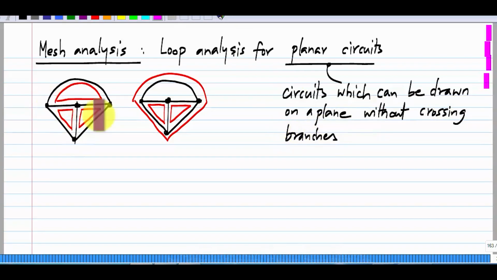For instance, in this particular graph, you see that no 2 branches are crossing each other, so this is definitely a planar circuit.